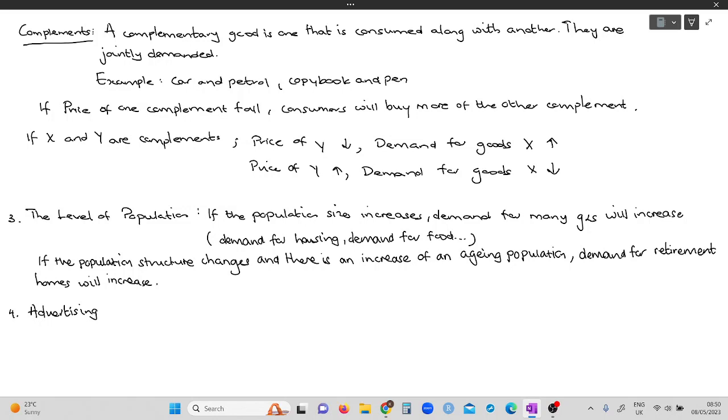Donc ça a tendance à vous persuader, okay, to persuade the consumers to buy the product.